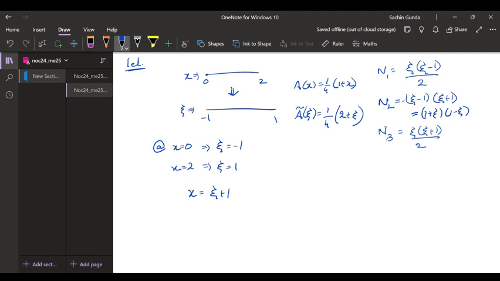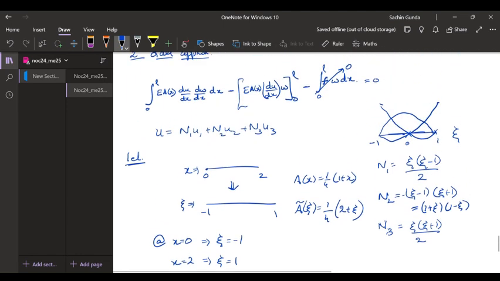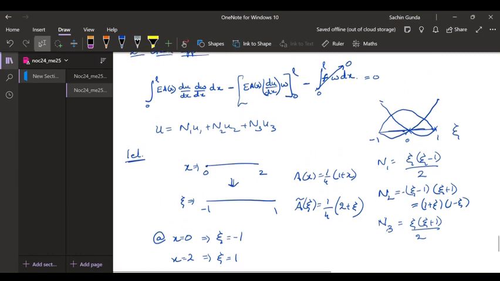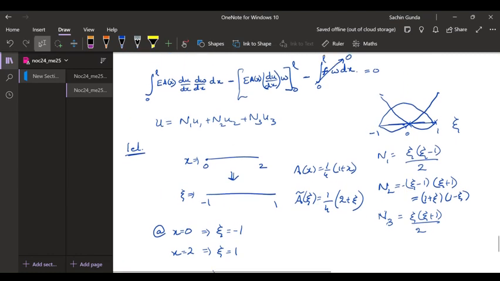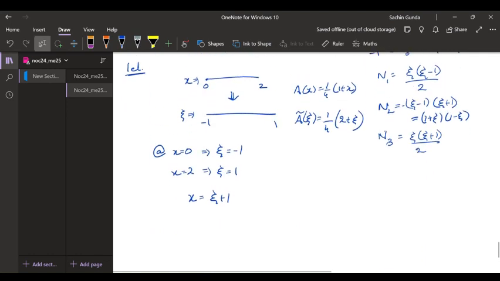So now you can substitute the expression of area as well as du by dx and dw by dx. You need dx, which is nothing but d zeta, both are same here.